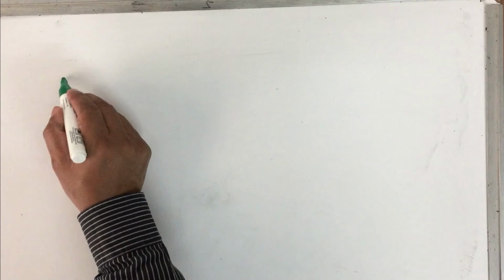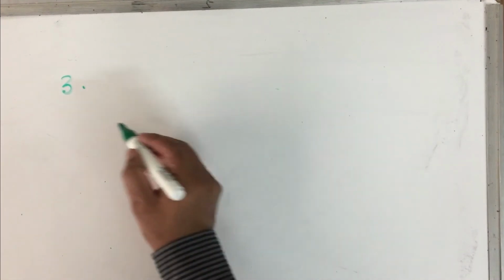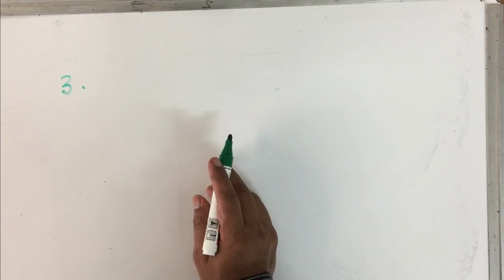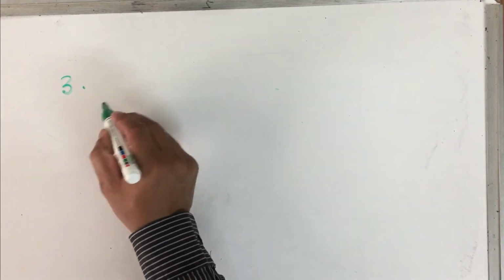The third significance of the glyoxylate cycle is, in plants, fungi, bacteria, they need a large amount of glucose for synthesis of polysaccharides like cellulose, glucans, chitin. Also for seed germination, extra glucose is needed, and all this is provided by the glyoxylate cycle.